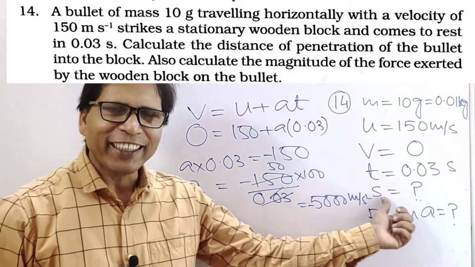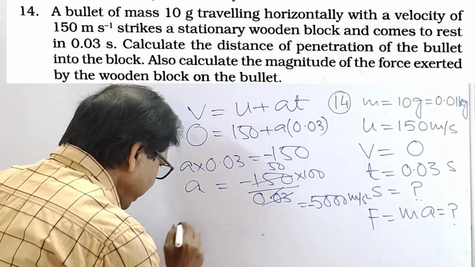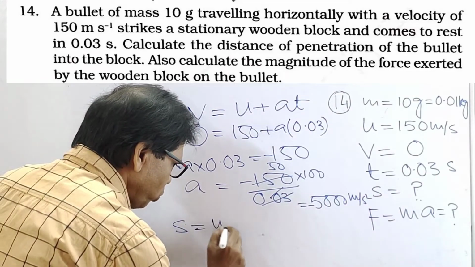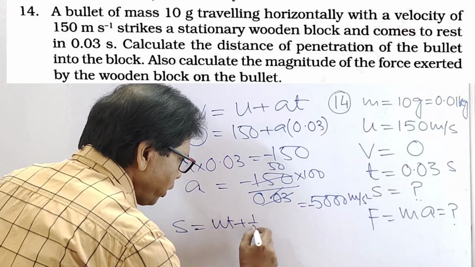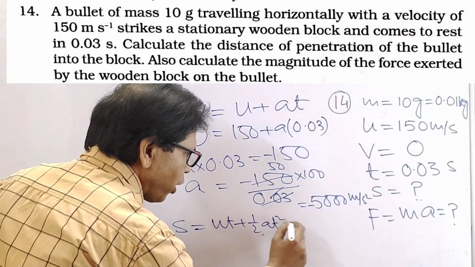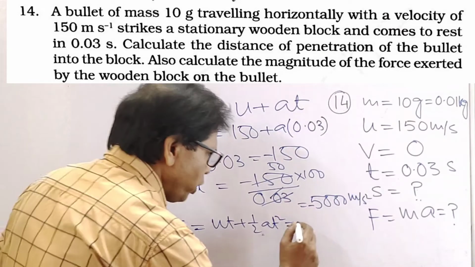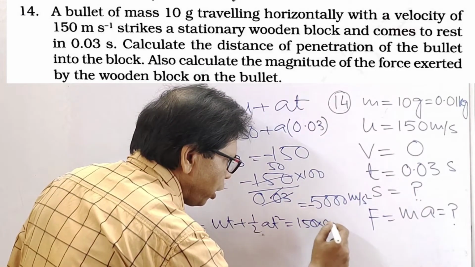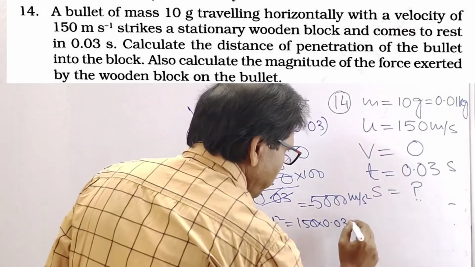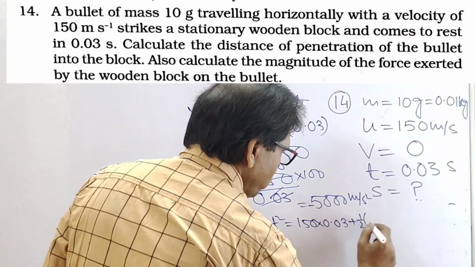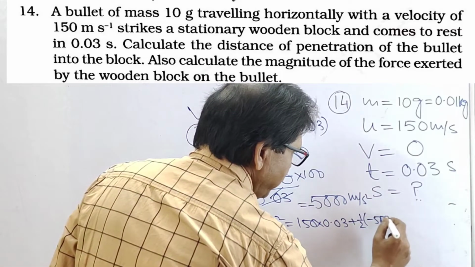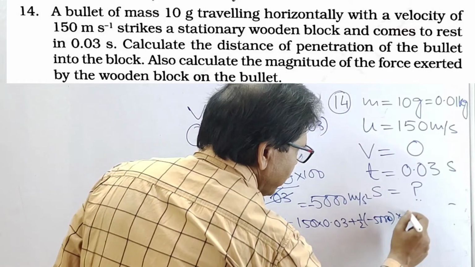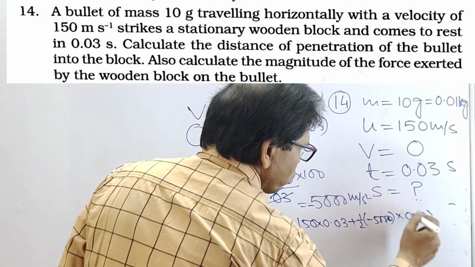Now what is the distance covered? Distance covered s equals ut plus half into a into t square. Look at this, here u is 150 into t is 0.03 plus half into 5000 into 0.03 whole square.